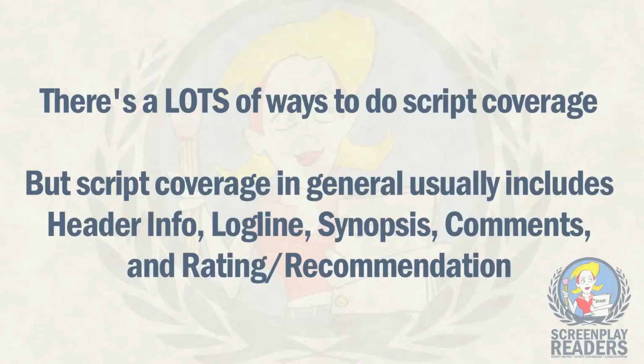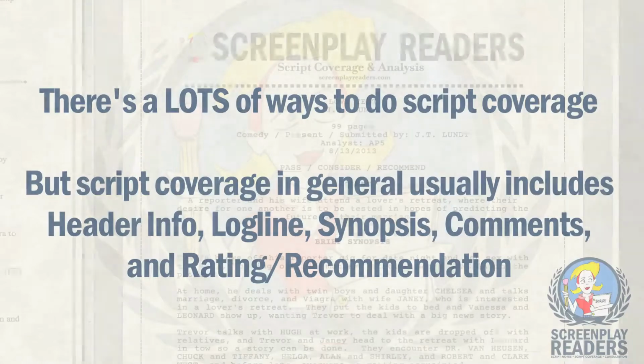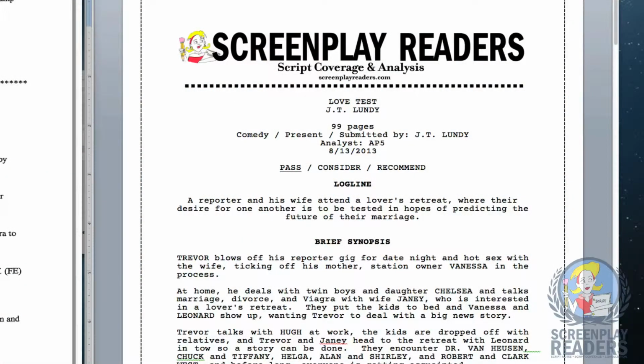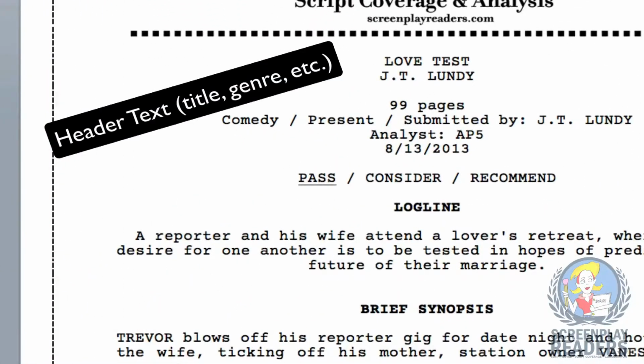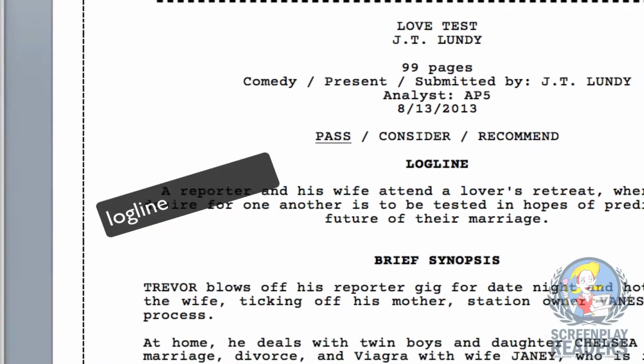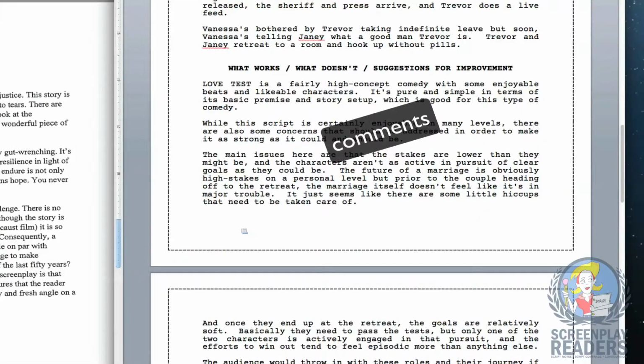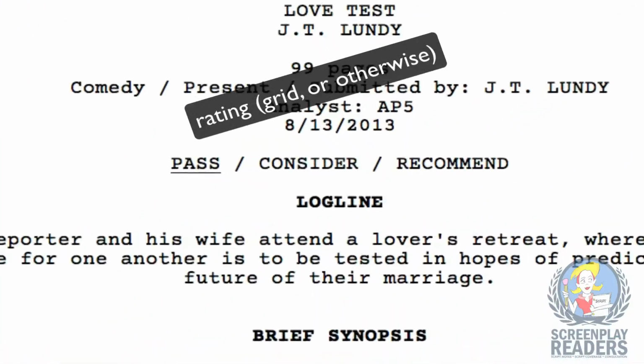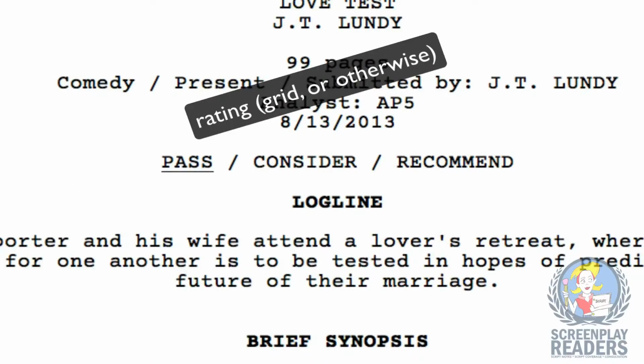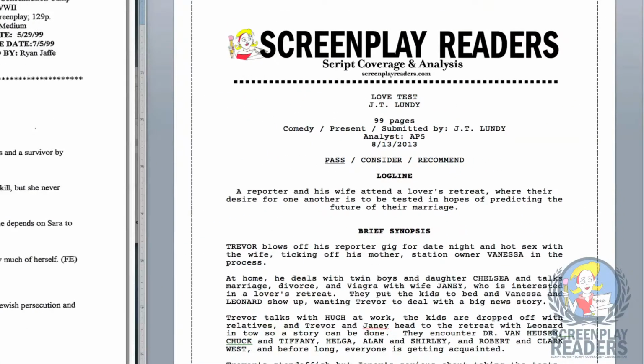But it's always going to include those 5 basic elements in some sort of fashion, which is going to be a listing of the header elements, all of the title, page count, genre, date, submitted by, author name, etc. It's going to include the log line. It's going to include the synopsis. It's going to include the comments. And it's going to have a rating of some sort, whether it's a grid or just a pass, consider, or recommend. If it doesn't have any of those 5, or it doesn't have all of those 5, it's generally probably not going to be called script coverage.